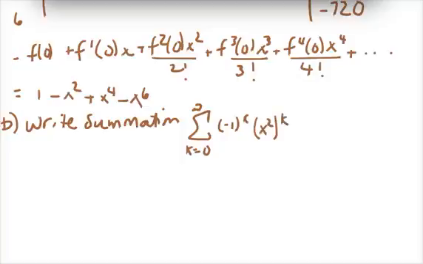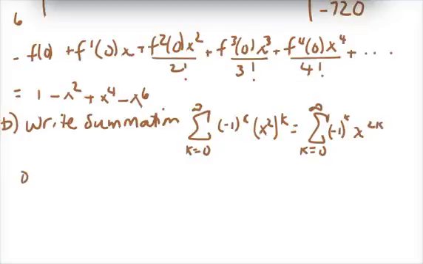Now there was an easier way to do this, and I'll point it out in a minute, but I wanted to take you through the process of finding the Maclaurin terms, and it's very similar to what we did in 9.2. And this is x to the 2k.